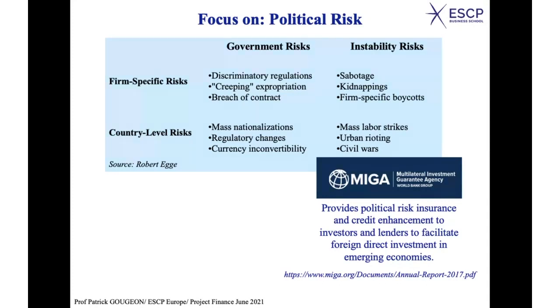It's a kind of credit insurance, providing a guarantee for lenders in case of political risk, to investors and lenders, to facilitate foreign direct investment in emerging economies. If I remember well, I gave you a document about this, but if you want to read more, you have the website indicated below.